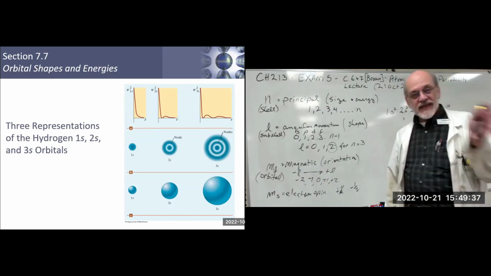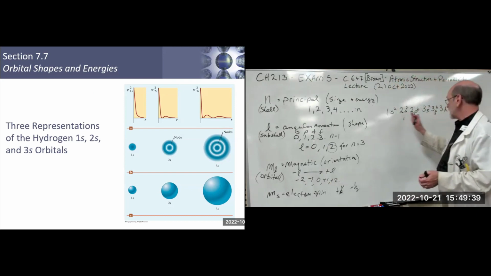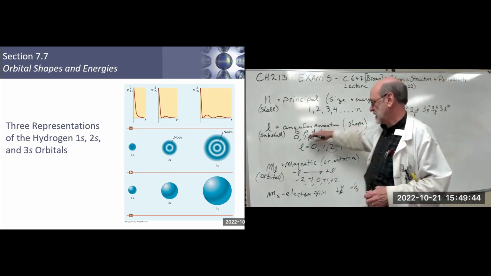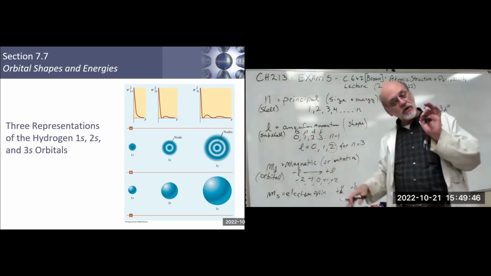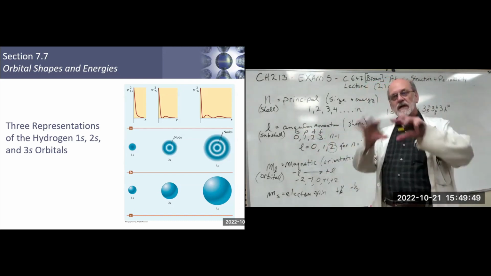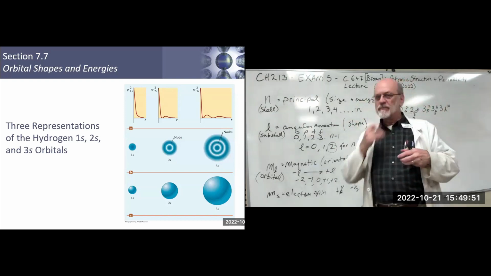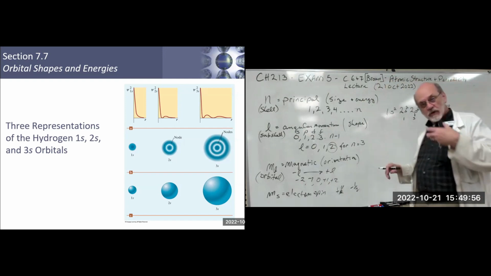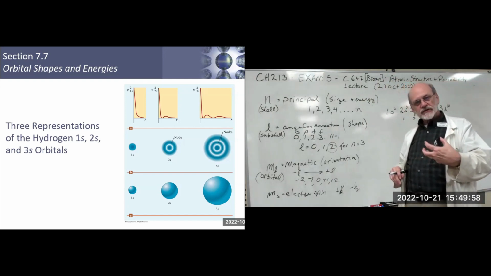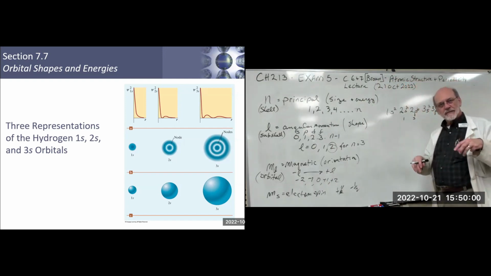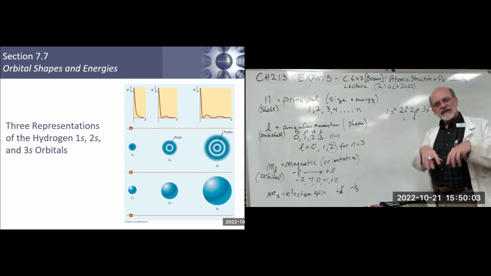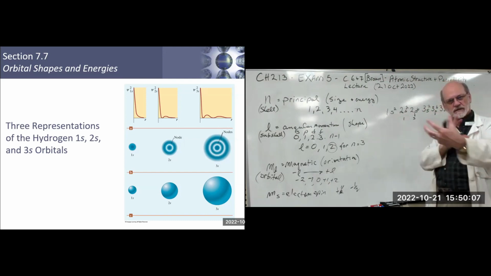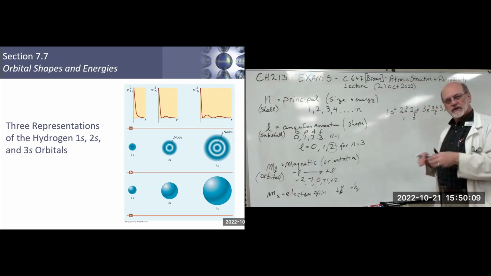Notice that for all of these s orbitals, 1s, 2s, 3s, right? Shape. They're all s's, which means they're all spherical. They're round, but they're not exactly alike. The 1s is virtually solid. The 2s is like a solid within an annular ring of some kind. It's more like a hollow sphere.